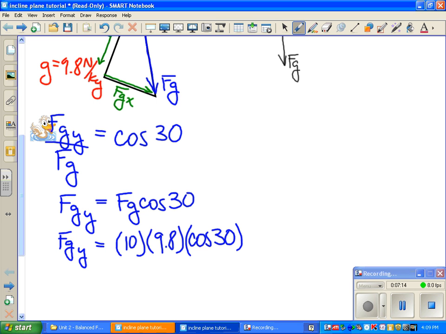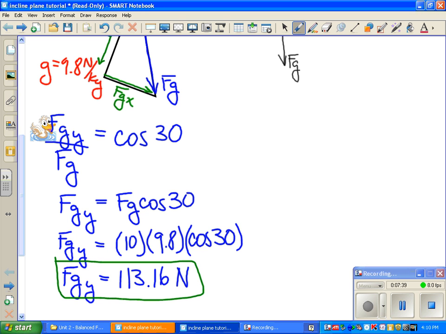Right now my brain is screaming, didn't you pass the class where they made you memorize that stuff? Oh yeah, it's the square root of 3 over 2. When you crunch that in your calculator, you get that Fg y is equal to 113.16 newtons. That's good stuff.